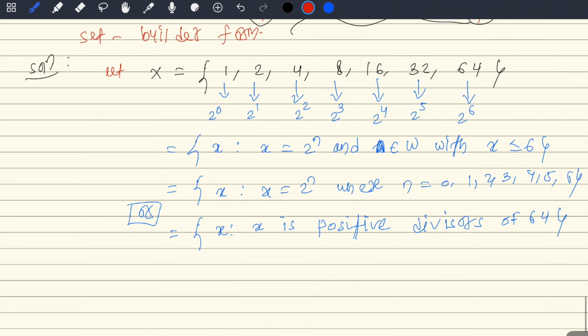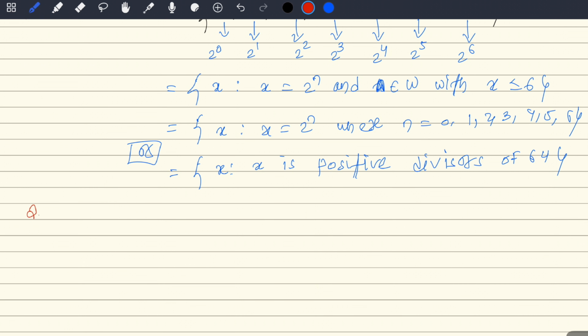Let me solve another question. The question is, write the following set in roster form.